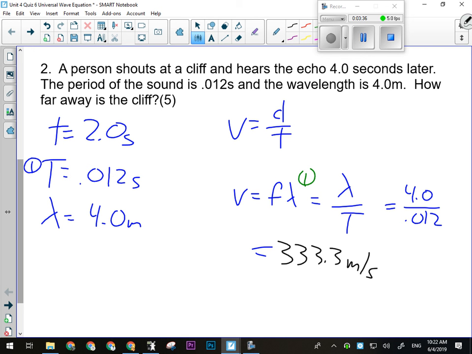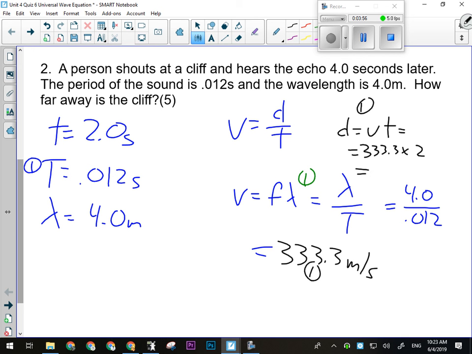Sorry, that's not our 3rd mark. Speed was the 3rd. If we're going to look for D, D equals V times T, so they can have a mark for that. That's our 4th mark. So that'll be 333.3 times 2 seconds.